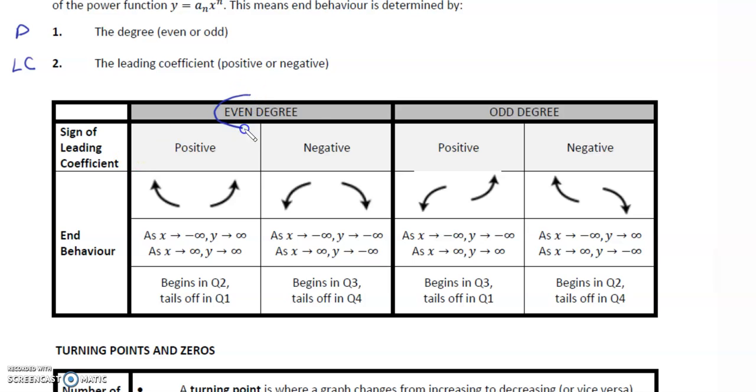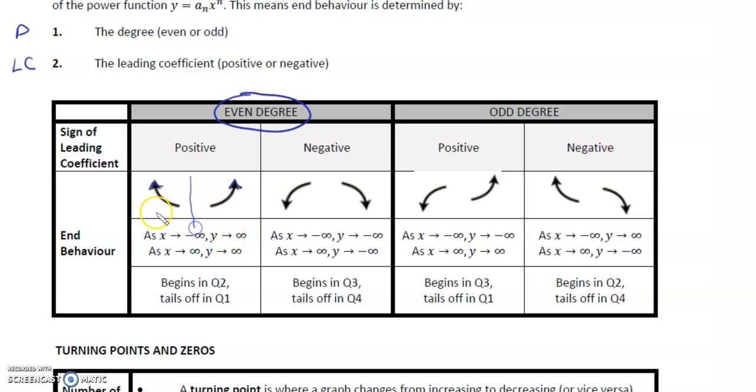So if we have an even degree, which is always what we check first, one of two things is going to happen. Either we're going to have a positive leading coefficient or a negative leading coefficient. Positive leading coefficient, the end behaviors are both going to approach infinity. As x approaches negative infinity, y approaches infinity.